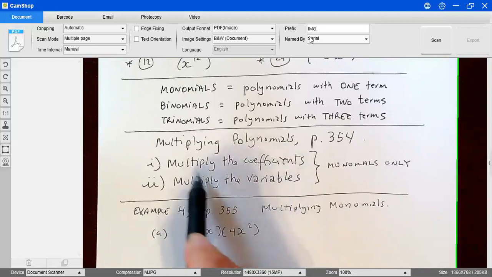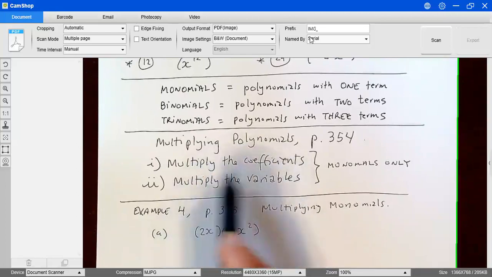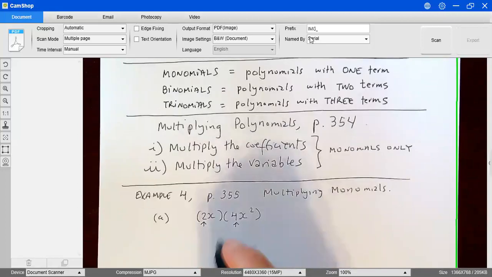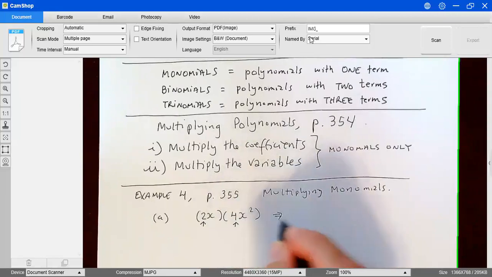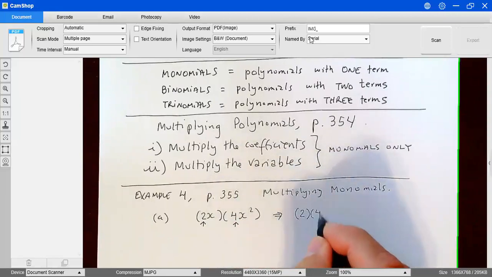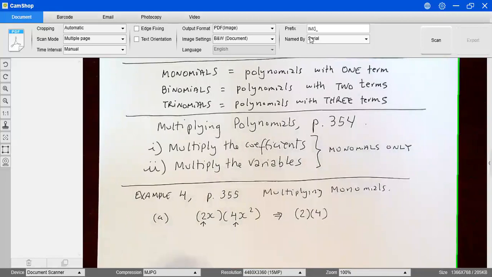So we're going to follow these rules. We're going to multiply the coefficients. So what are the coefficients? 2 and 4. So I'm going to write here 2 that multiplies 4.